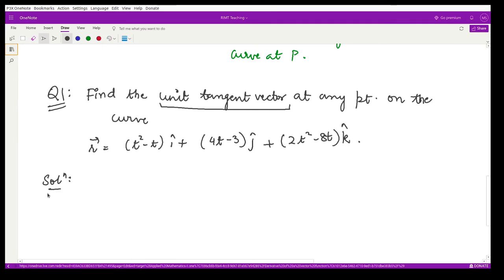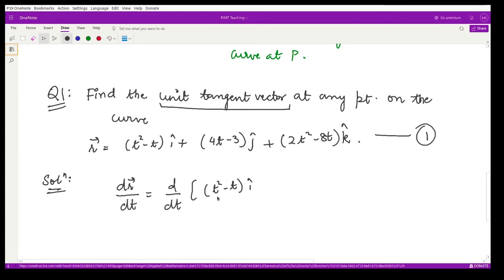So for this solution, we know how do you obtain the tangent vector. So you have to differentiate the given curve. So say this is your equation number 1, the curve defined by this position vector r. So we will find out the derivative for this particular position vector. Now you know how do you take the derivative.